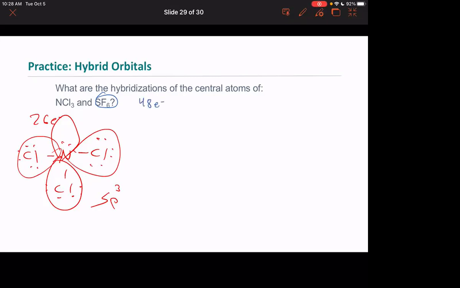Should be easy, right? 6 times 8 is 48. 6 fluorines surrounding the central sulfur. It's going to have no lone pairs on the sulfur. 1, 2, 3, 4, 5, 6. That's octahedral electron domain geometry, right?